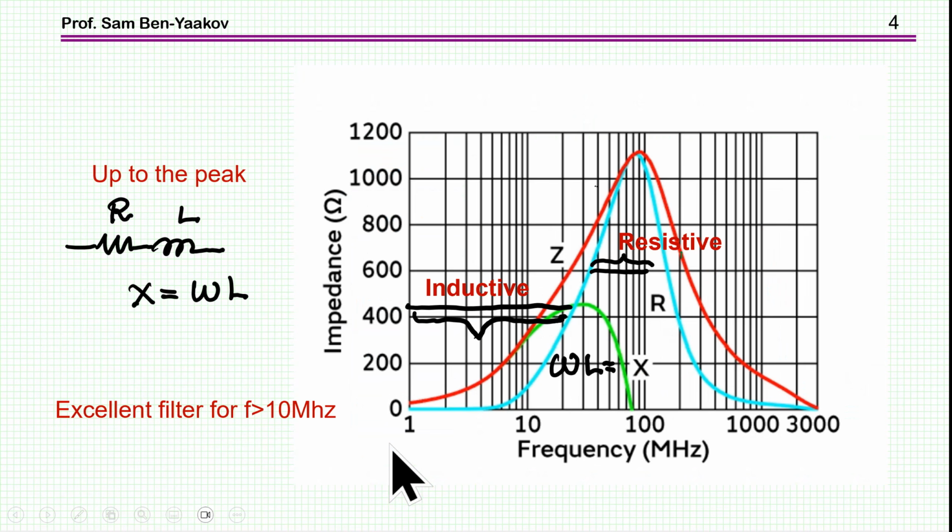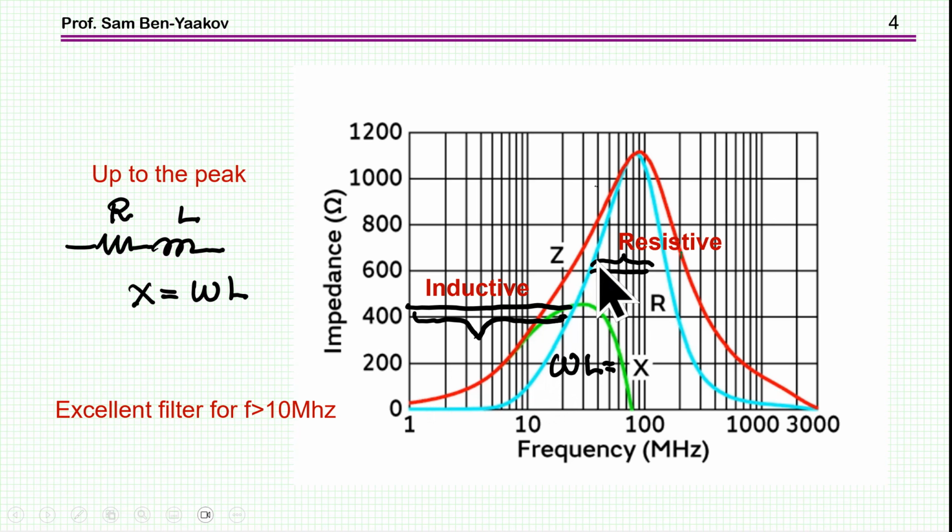So let's have a look now at the plot. We see, first of all, the total impedance, which is the red one, but the impedance is actually composed of a number of parts, the resistive part and the inductive part. The light blue is the resistive part. At the very beginning there is almost no resistive part, and then it goes up.